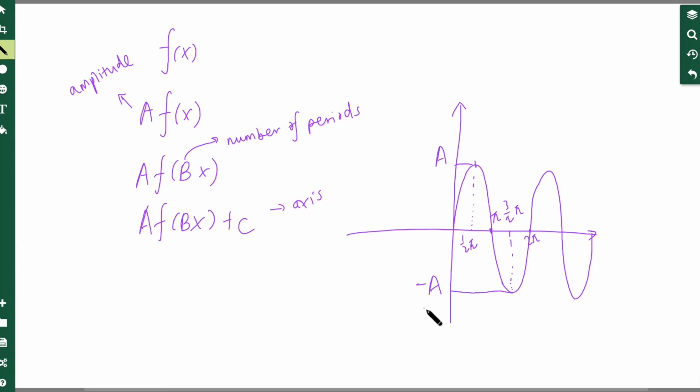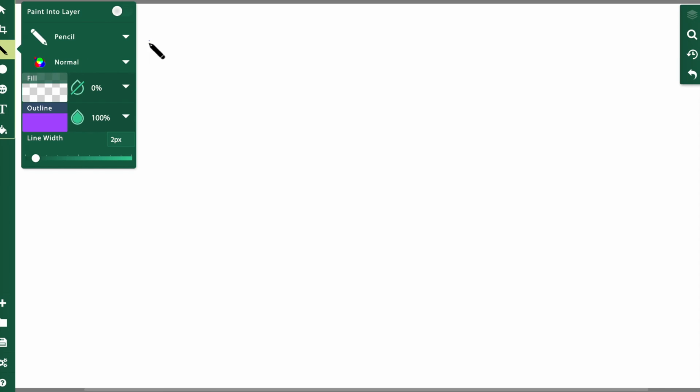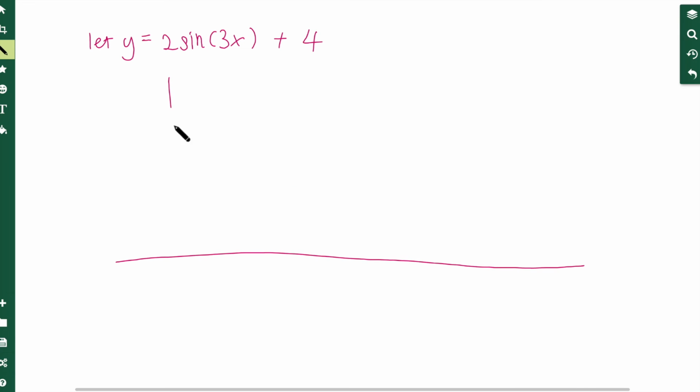For example, let's use the graph of 2 sine 3x plus 4 to illustrate how these variables can affect a trigonometric function. First off, the axis of the curve is 4. The period of this graph is 3, so the graph repeats itself every 2 pi over 3 radians, or every 120 degrees.